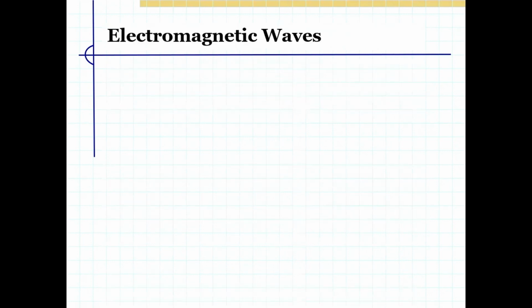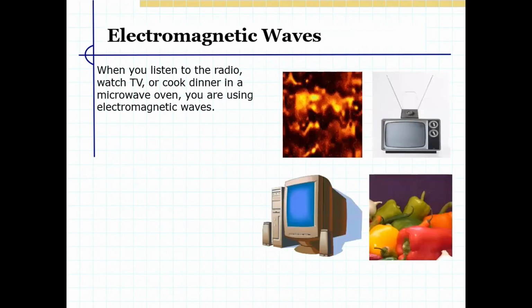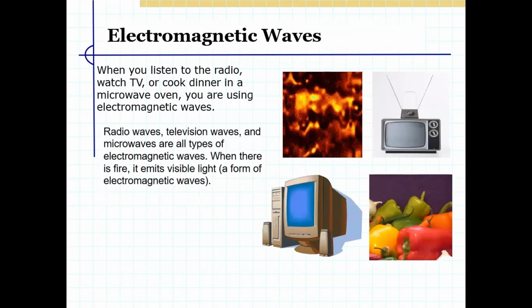The electromagnetic waves: if you listen to the radio, or you watch television, or you cook dinner in a microwave oven, then you are basically using electromagnetic waves. Radio waves, television waves, microwaves, all are types of electromagnetic waves.